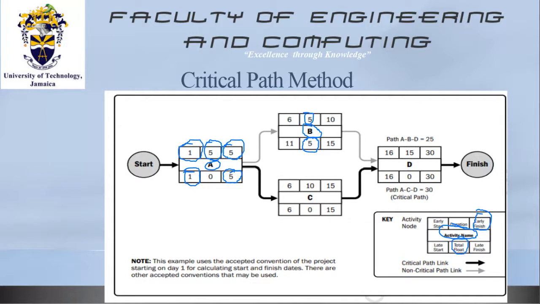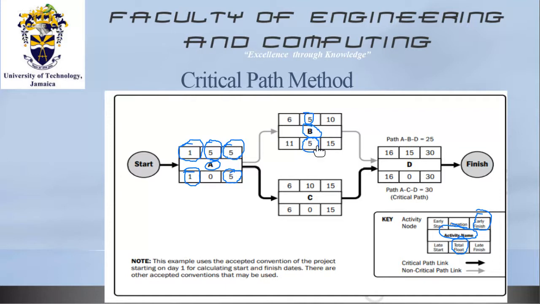It has a total float of 5 days. What this is suggesting is that you can wait 5 days before implementing activity B, and we wouldn't delay the successor activity, which is activity D, which cannot be completed until activity B is completed.